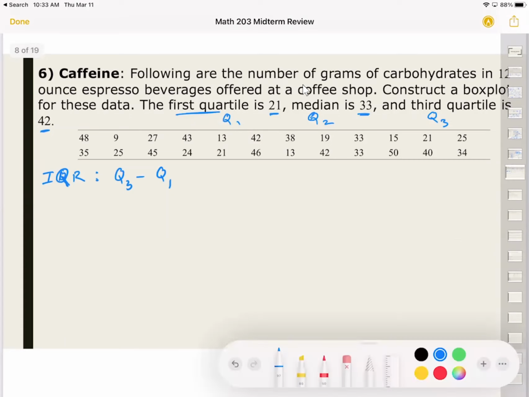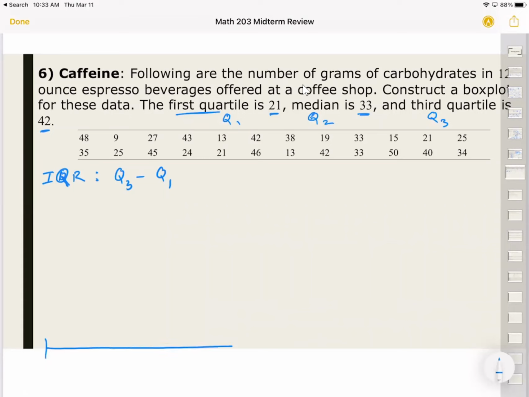So let's say that this is my number range. Let's say I have 0. Let's say 50 is the highest, right? So let me do 60. So let's say I have from 0 up to 60, and this is 50, and again, 10, 20, 30, 40, right? So this is my number range.